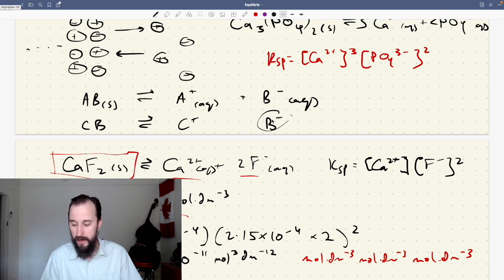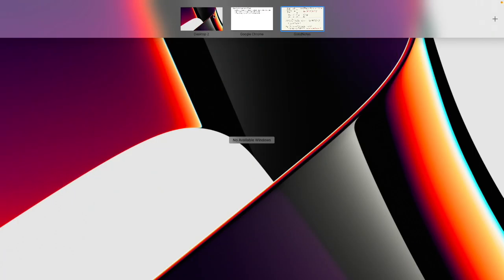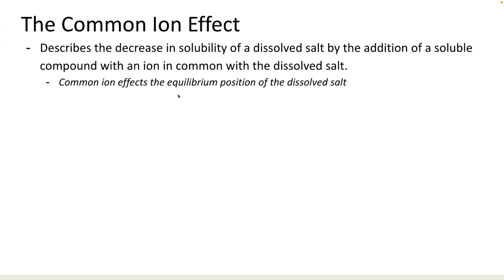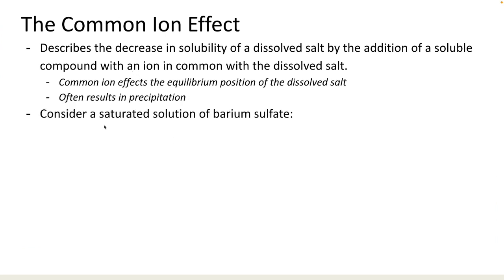So that's going to change the concentration of our certain ion, the common ion that is in common with the 2 salts. So this often results in a precipitation, because we're going to affect that position of equilibrium. If you're putting in a common ion, you're increasing the concentration of one ion. Le Chatelier's principle, that good stuff, we're going to move equilibrium one way or the other accordingly.